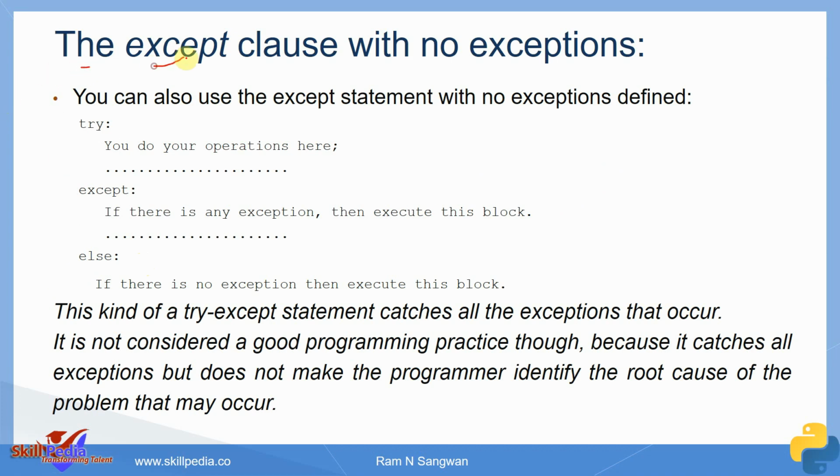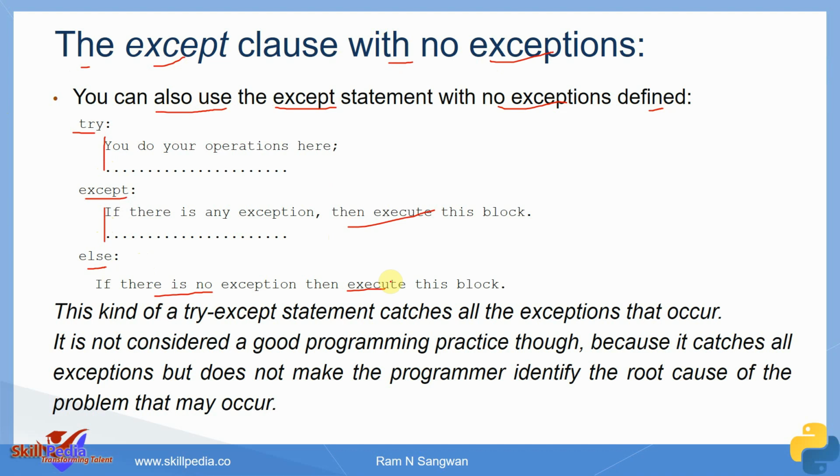The except clause with no exceptions. You can also use the except statement with no exceptions defined. Like try, you do your program here, except if there is any exception, then execute this block. Else, if there is no exception, then execute this block. So you are not naming anything, you are generalizing it.